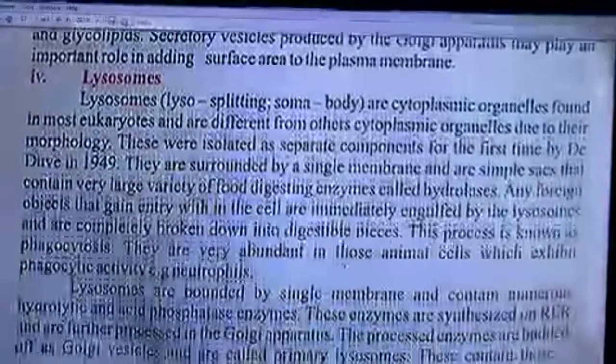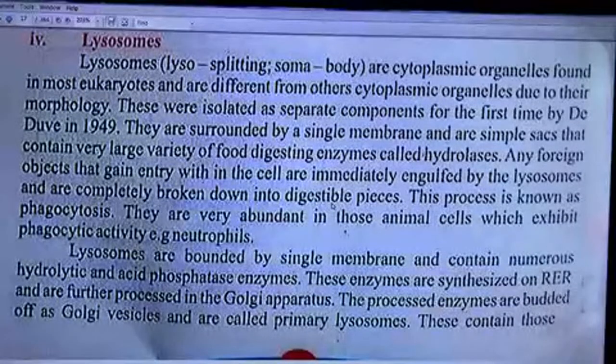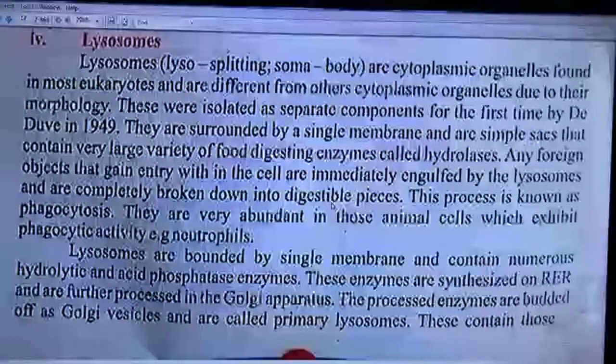Lysosomes. Lysosomes are cytoplasmic organelles found in most eukaryotes and are different from other cytoplasmic organelles. Due to their morphology, these were isolated as separate components for the first time by Novikoff in 1949. They are surrounded by a single membrane and are simple sacs that contain a very large variety of food-digesting enzymes called hydrolases.